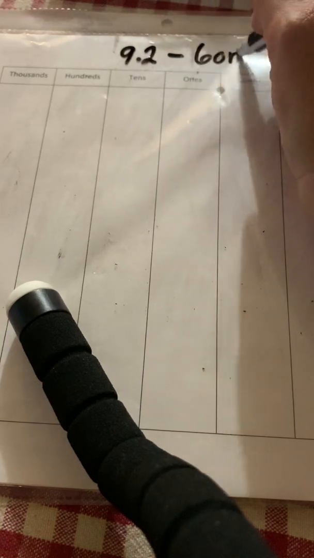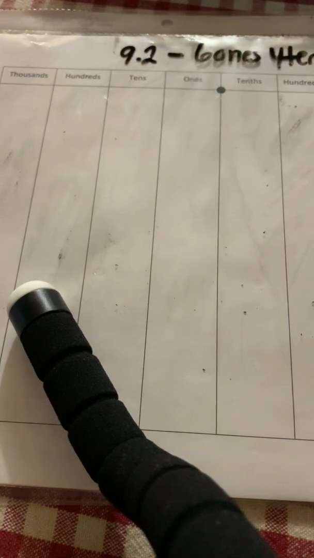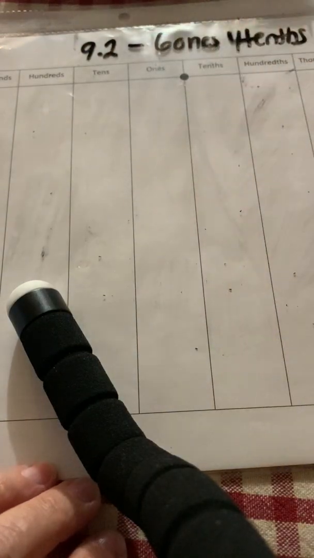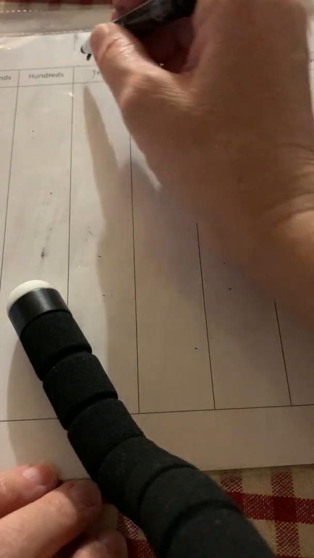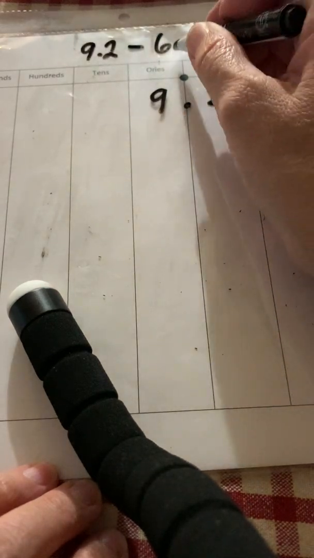All right, for this problem, we're going to do 9 and 2 tenths minus 6 ones, 4 tenths. First thing is to put this in standard form. I can use my place value chart to make this really easy. This is 9 ones and 2 tenths.